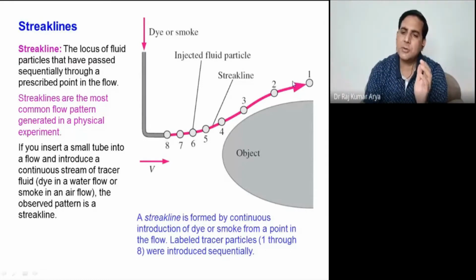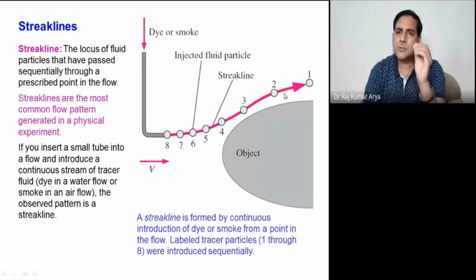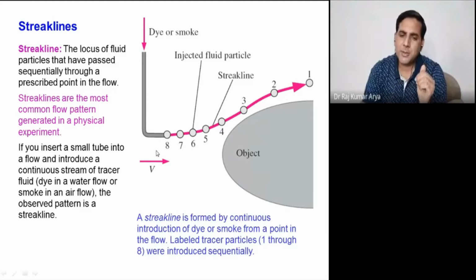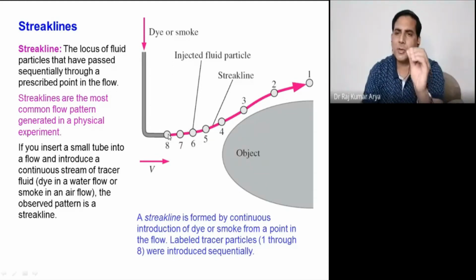So this has gone first. After that, two has gone. So you are joining the particles in the order they have left a particular place. This place you are focusing on, whatever is going from here, I am just tracing that only.